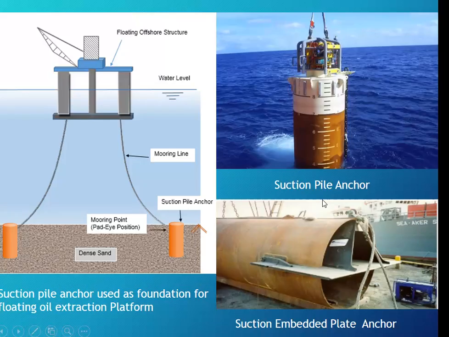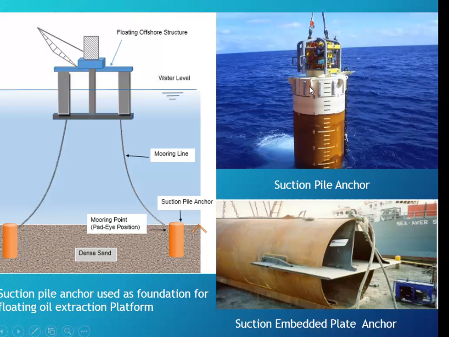The suction pile anchor is closed at top and open at bottom. This suction pile anchor is a hollow steel pipe whose diameter is much larger than that of a pile. A pile used as the foundation of a structure generally has a very small diameter, but for the foundation of a floating platform the diameter is much larger.